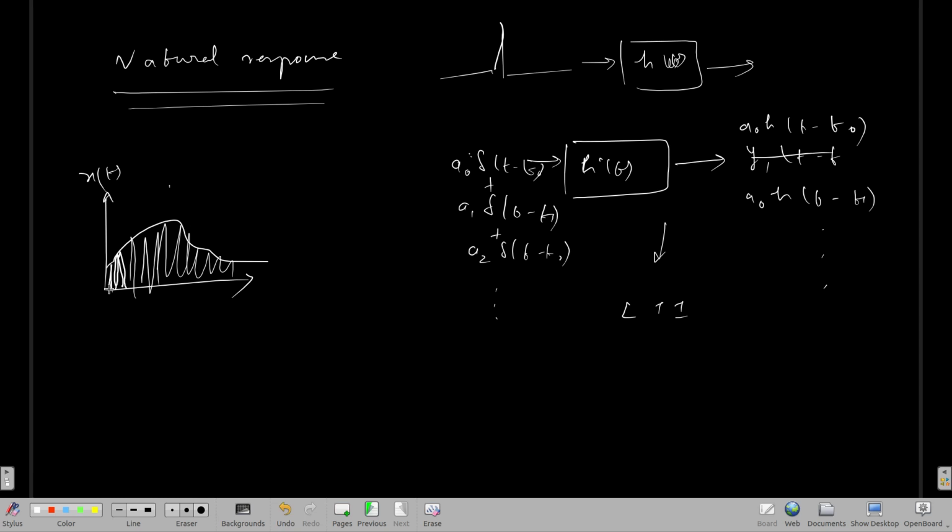So what am I doing? I am finding the response of the system to each and every point of the input signal. And how am I finding that?